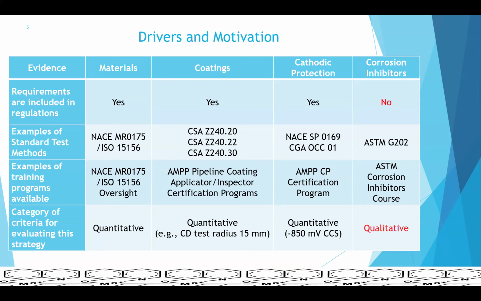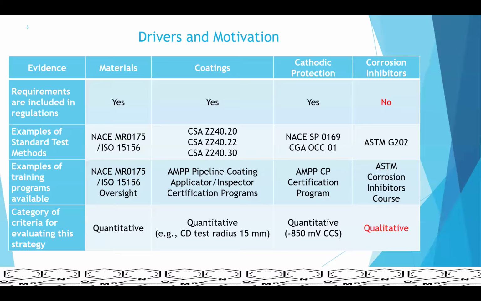for all three strategies, quantification is required in regulations, but not for corrosion inhibitors. For example, almost many regulations for material selection follow NACE MR0175 or ISO 15156. For coatings, we have very, very quantitative standards like CSA Z245.20 and of course NACE standards.